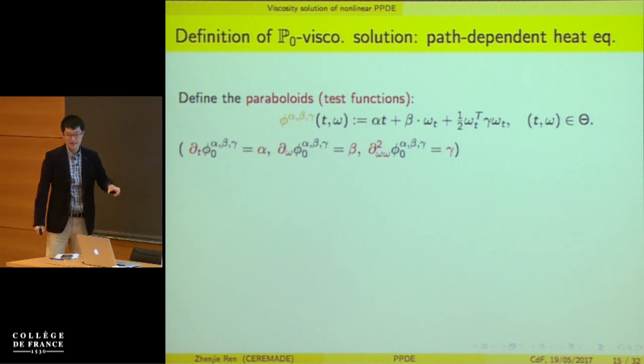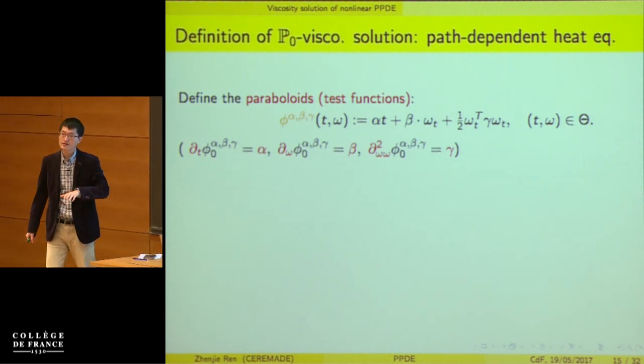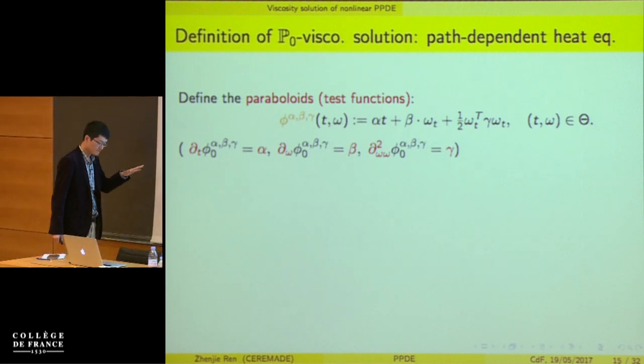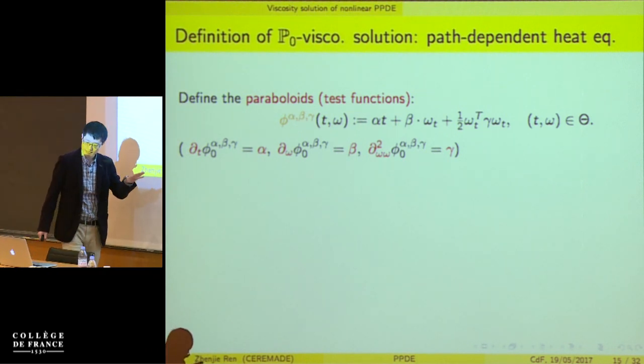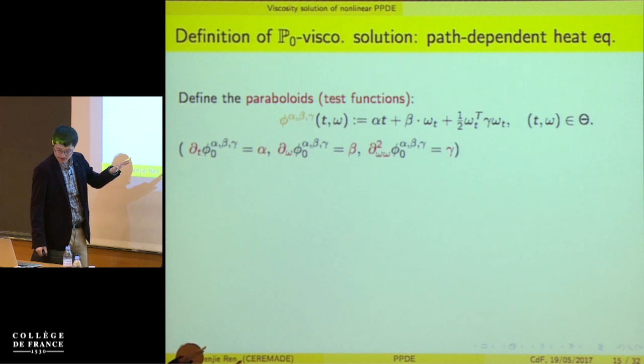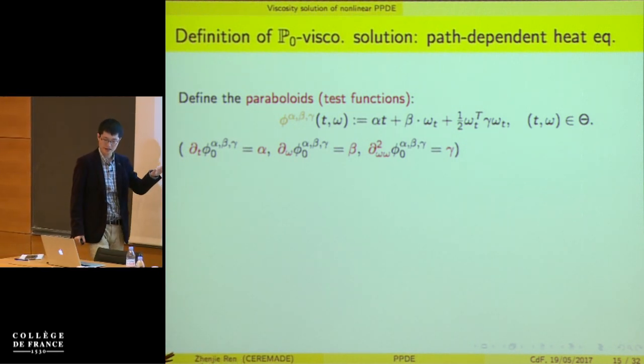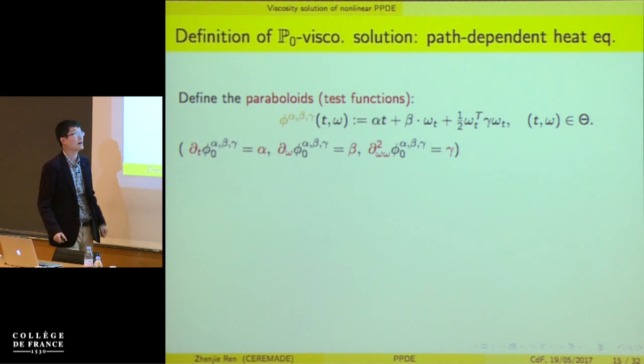And we can calculate the Dupire derivatives for these paraboloids. The horizontal derivative is alpha, the first order vertical gradient is beta, and the second order is gamma.